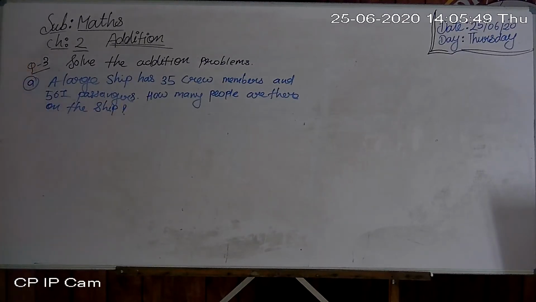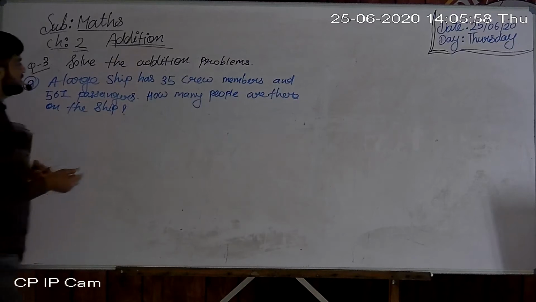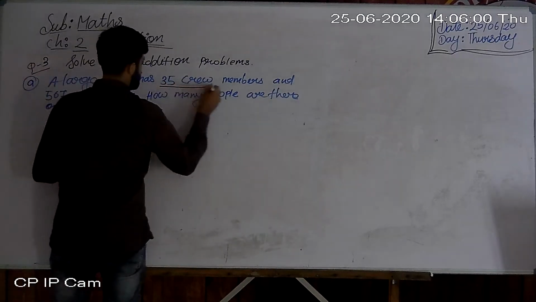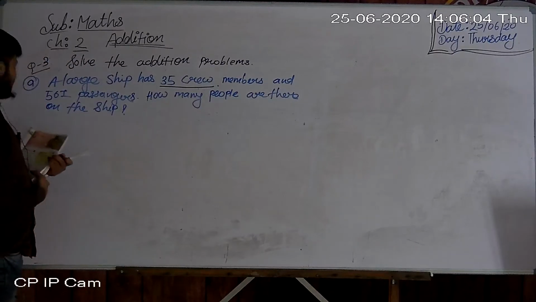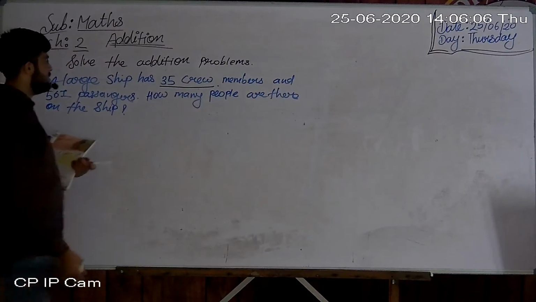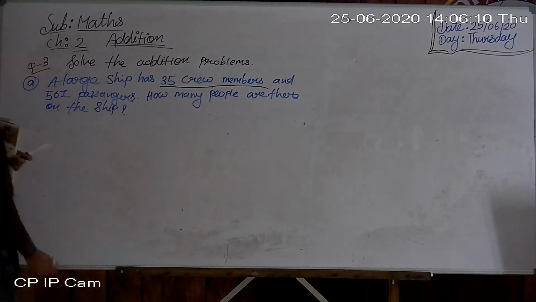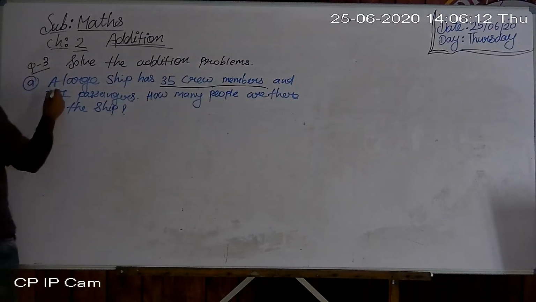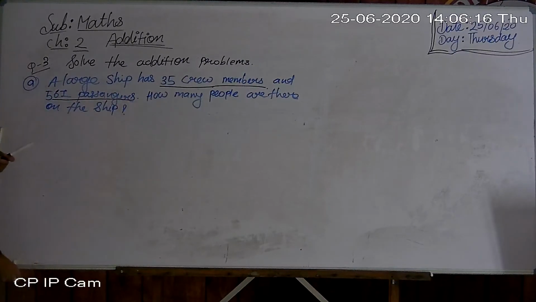Okay, so let's see, students. What is the question here for us? A large ship has 35 crew members. 35 crew members is our clue. And 561 passengers. 561 is our passengers.